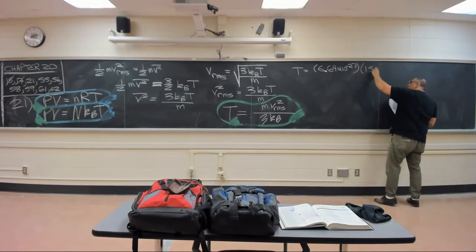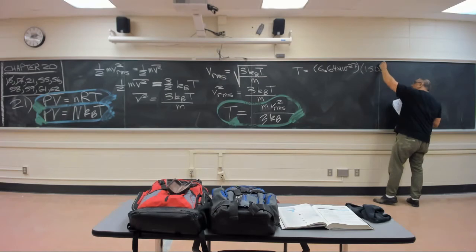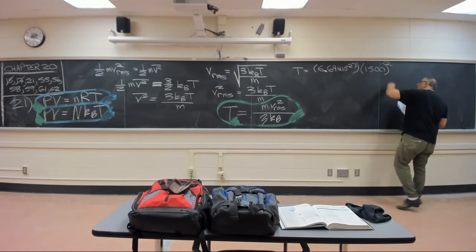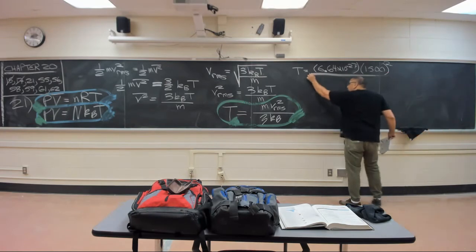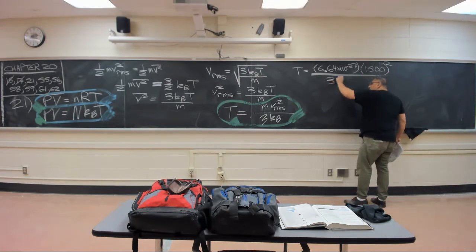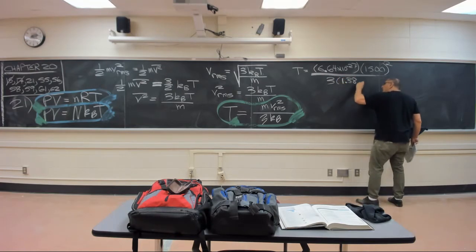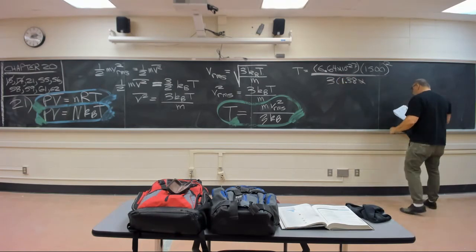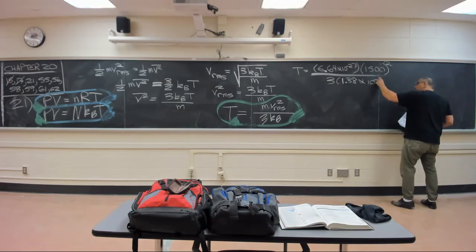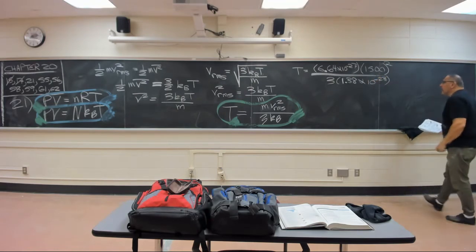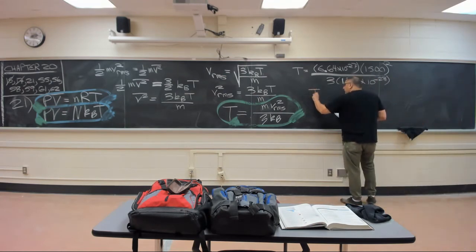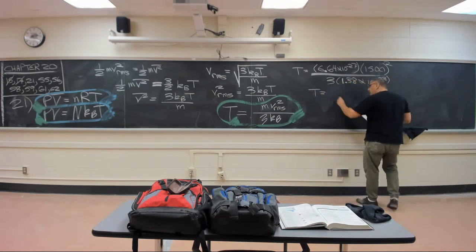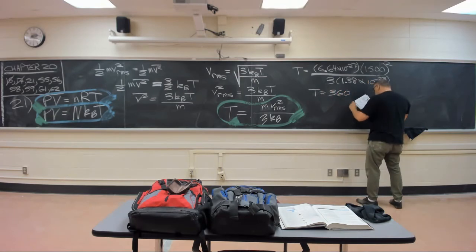It is going at 1.5 kilometers per second. That's 1,500 meters per second. 3 is 3. 1.38 times 10 to the negative 23rd is what it is. From there, just go with it. What do we got? T is 360.